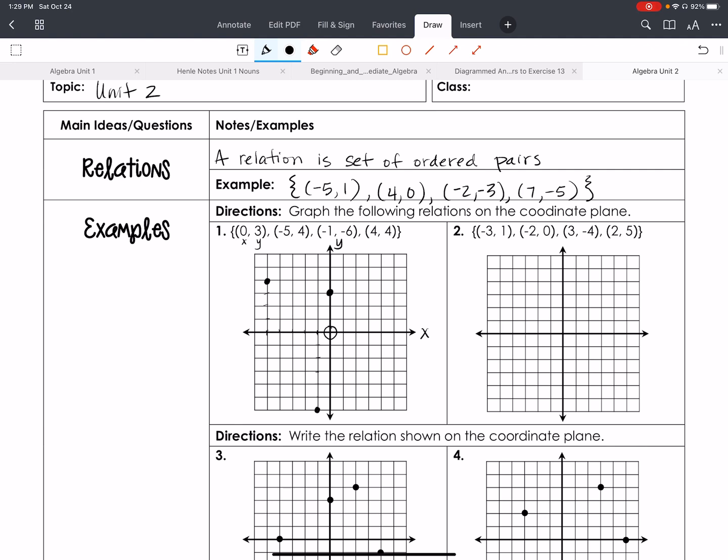That's down there. And then 4 on the x number line, so 0, 1, 2, 3, 4, and 4 on the y number line, up 4, 1, 2, 3, 4. It's right there. So these 4 points on my coordinate plane are a relation. They're a set of points that belong together on the same graph.